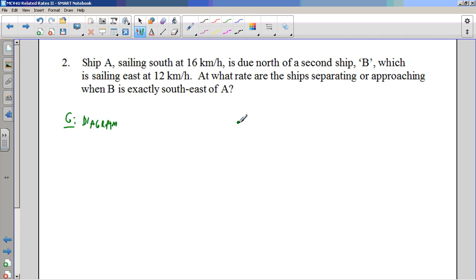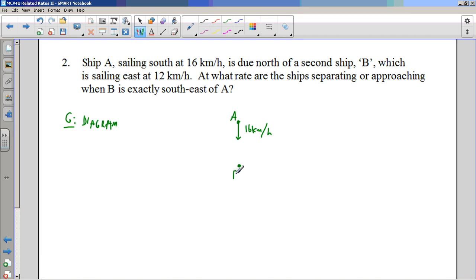Here's ship A sailing south, and I don't want to make this too long because I don't know what else is going on in the diagram. This is 16 kilometers per hour. That's a rate, right? That's some sort of rate. Ship A is due north of a second ship.